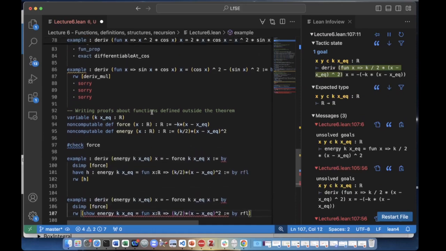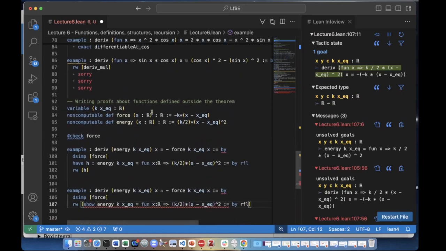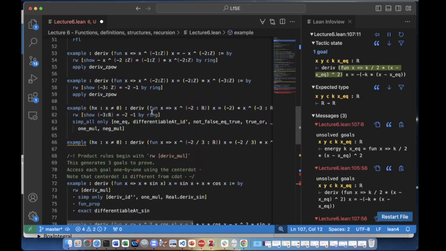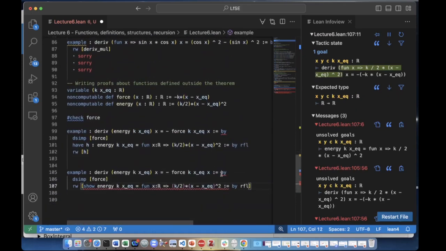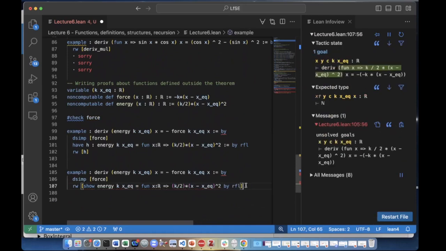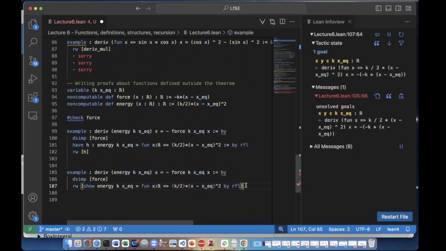Let me see. Oh, I don't need the colon equals, I just need the by. Ah, yes. So the inline solution works as well.